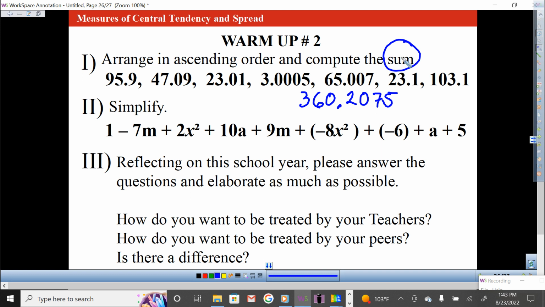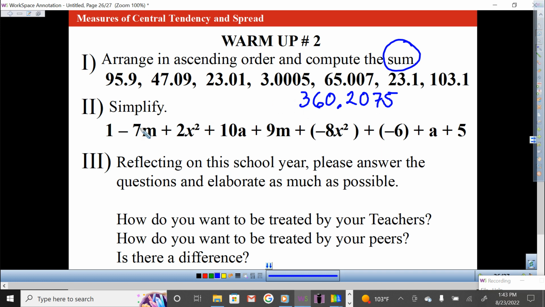Make sure when you are adding these, you write them vertically and you align all the decimals and then fill in with zeros the rest. Ascending order, basically you start with the smallest one and move upward, so you start with 3.0005, yes? And so on and so forth, okay.